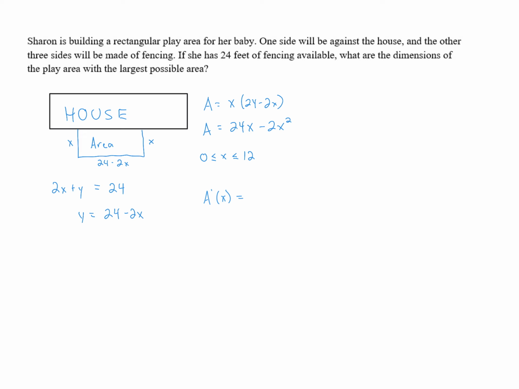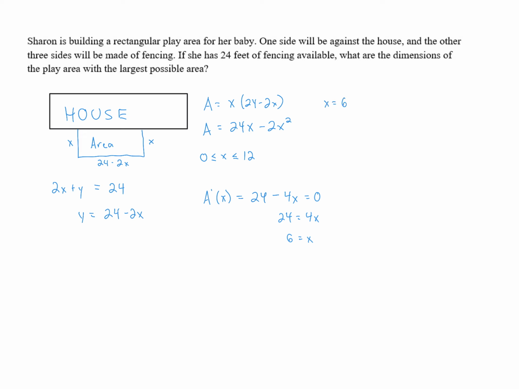And the derivative of 24x is just 24, minus the derivative of 2x squared is 4x. This is never undefined, so we just need to know when it equals 0. And that's not difficult. If we add 4x to both sides and divide by 4, we get x equals 6. So x equals 6 is a critical number.